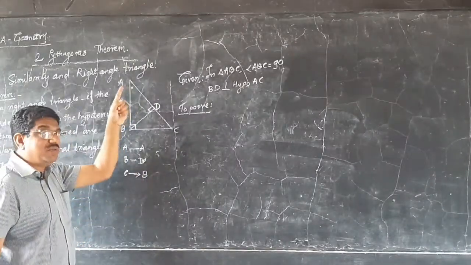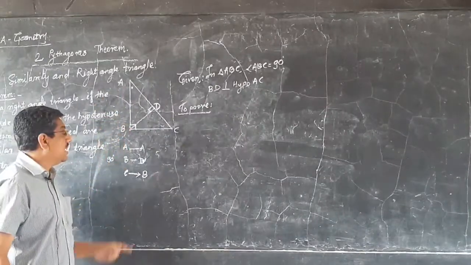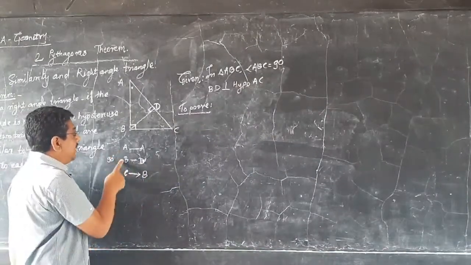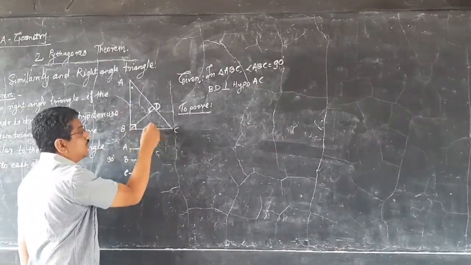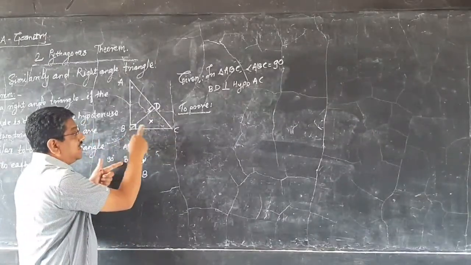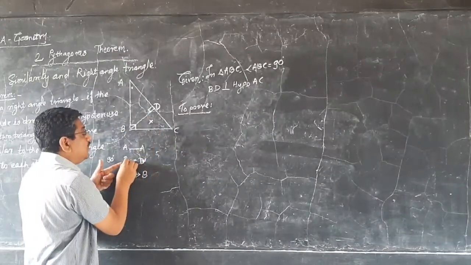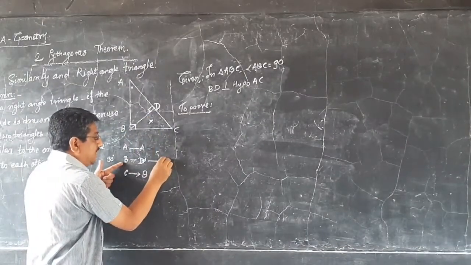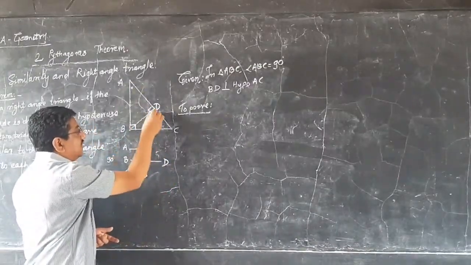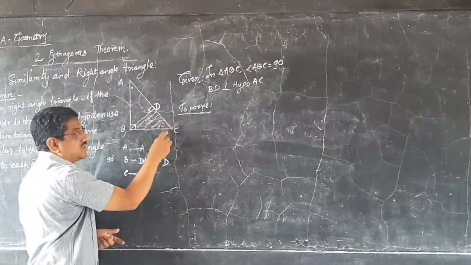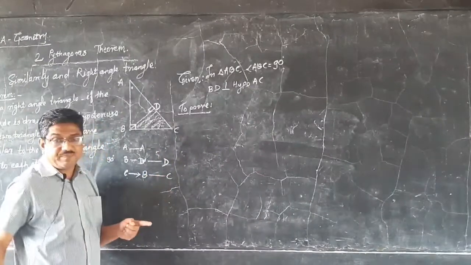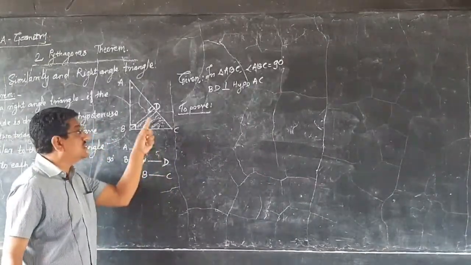One acute angle of the original triangle, you have to take as the common one and you have to use the right angle triangle vertex. Now suppose ABC is the original triangle and you have to show this triangle similar to this one. Here B is 90, in this triangle D is 90, therefore B corresponds to D. In both triangle ABC and this triangle, the common angle is C, therefore C corresponds to C. Now which is the remaining vertex of this triangle?